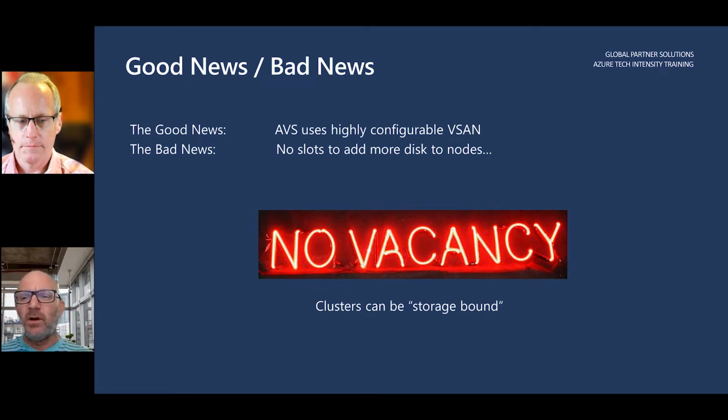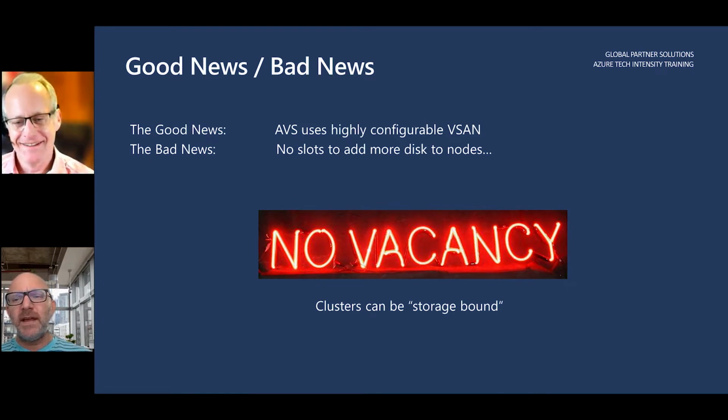And if you want to grow the amount of storage, you need to add hosts. And if you don't have that equal need for compute, it makes storage of an Azure VMware solution the challenge in bringing that to production. Because all of the AVS nodes are identical. You can't add another tray of disks to it. So as long as you want exactly what we've got, you're set.